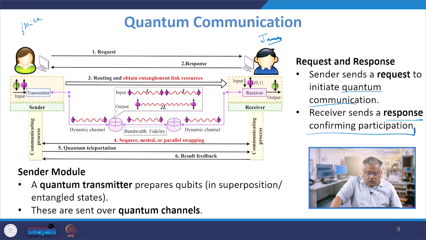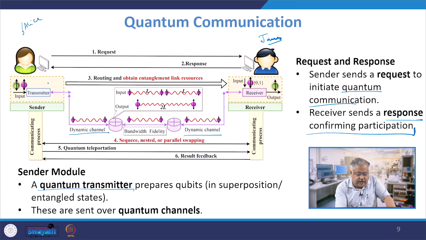Now in the sender module, there will be a quantum transmitter, right, which prepares the qubit in entangled states by principle of superposition, and then these are sent over from the sender to the receiver through a large amount of quantum channels. Now the quantum channel can be shown by this dynamic channel here and dynamic channel here, right.